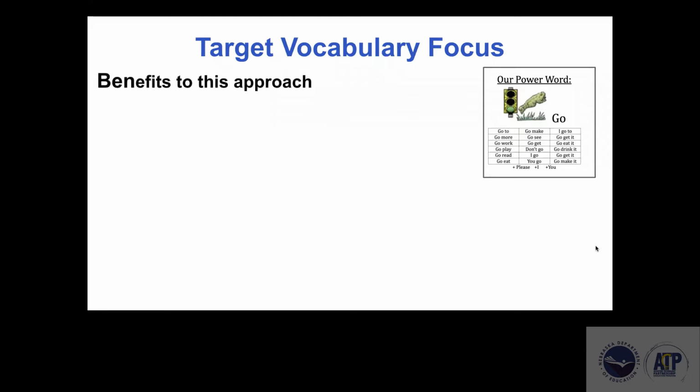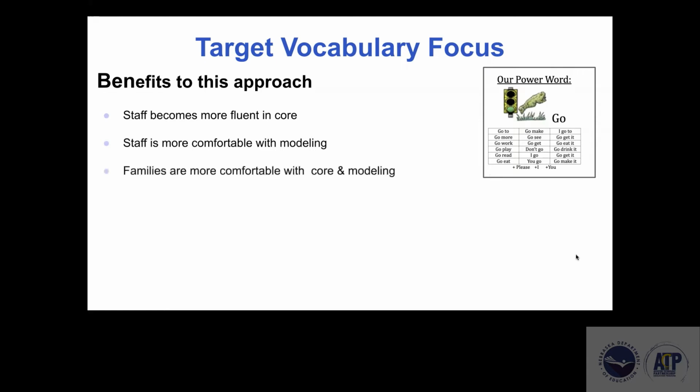The benefits to this approach are staff becomes more fluent in core vocabulary. Staff gets more comfortable with modeling these words because there's less words to model at a time. Families are more comfortable with core vocabulary and modeling. Students have many opportunities to view and hear these same words over and over again.